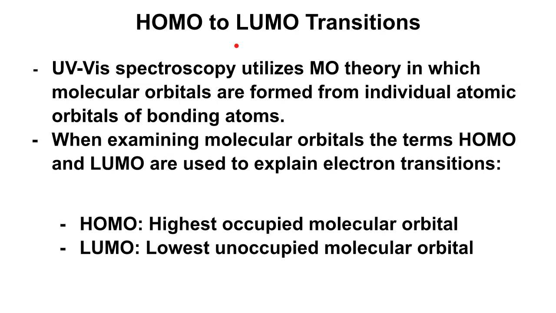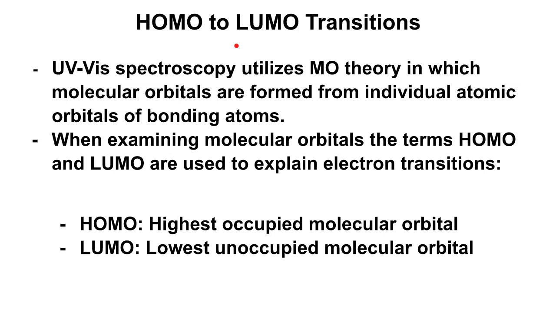Molecular orbitals are formed by individual atomic orbitals of bonding atoms. The most simplistic version of MO theory that most students start with is a hydrogen-hydrogen bond, because you only have those two s orbitals, and they come together to make a sigma bonding orbital and a sigma anti-bonding orbital.